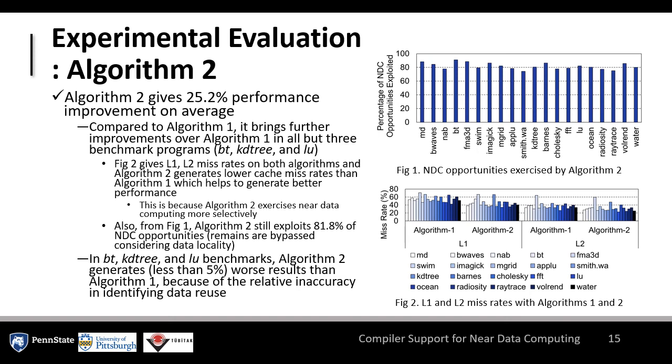And the reason is that it does not blindly use near data computing at every opportunity. Whenever there is a significant reuse of one of the operands involved in the near data computation, it doesn't exercise near data computing at that time. Instead, it allows the data to come to the higher levels of the cache hierarchy. It has a lower miss rate than algorithm 1, and consequently has better overall savings.